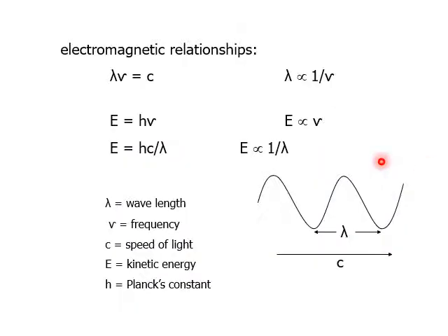As I've mentioned, the energy of electromagnetic radiation has a direct relation to frequency, and an inverse relation to wavelength. And as I've previously mentioned, wavelength is the distance from one point on a wave to the same point on the next wave.